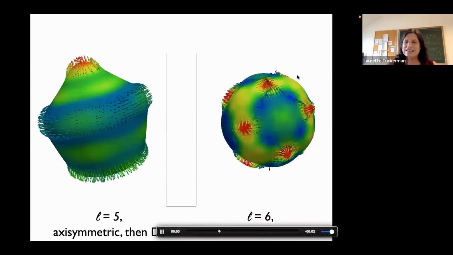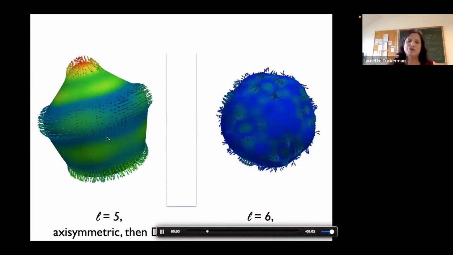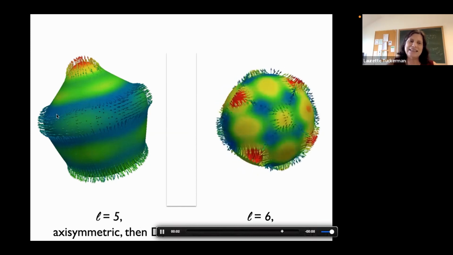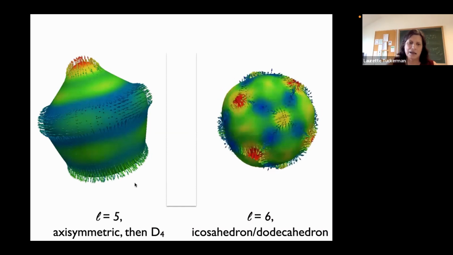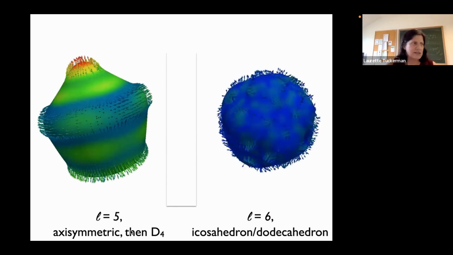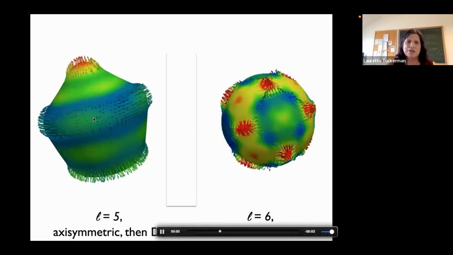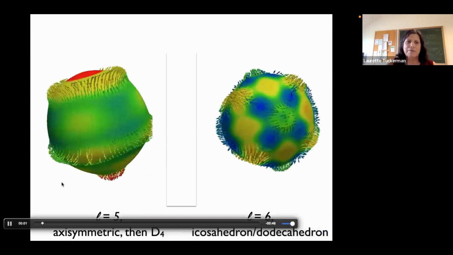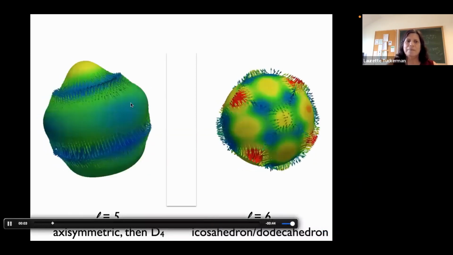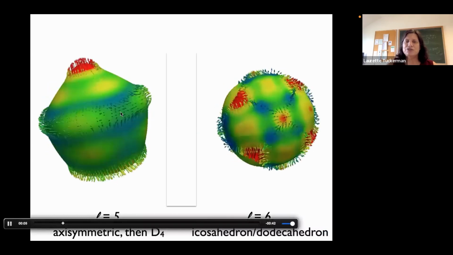There is with 6. This is octahedron going to dodecahedron. And this thing here has 5 bumps. Let's see, it says D4, but I think it's D5 symmetry. Yeah, D5 is what it's supposed to be, this one here. So this is the one that the 5 turns into.